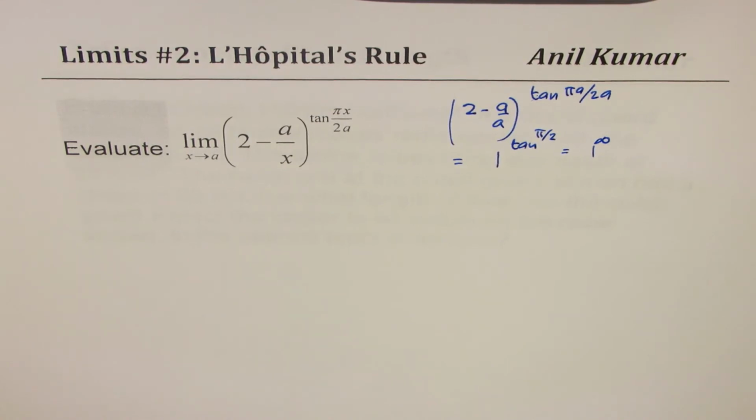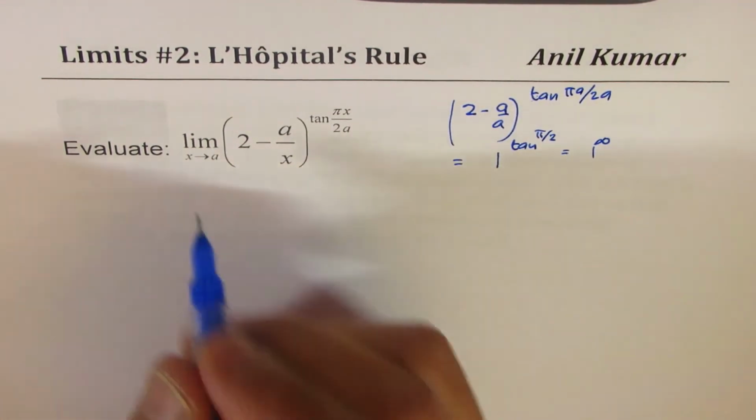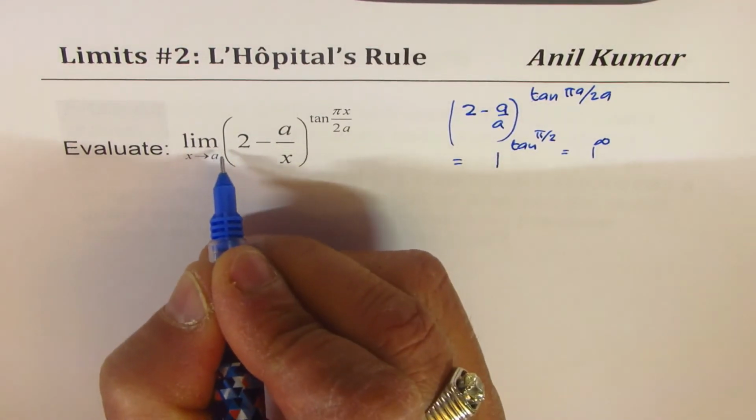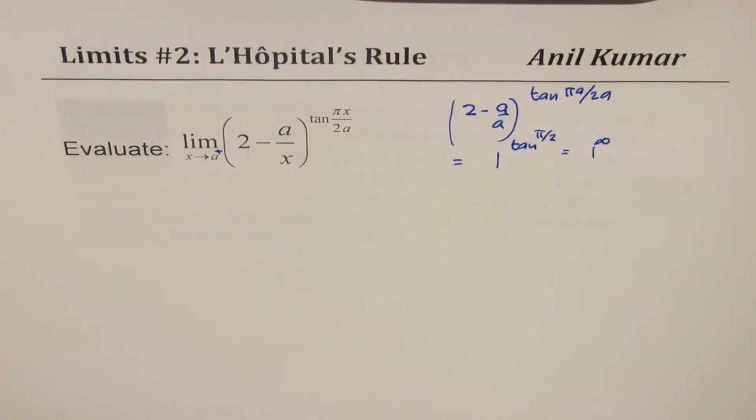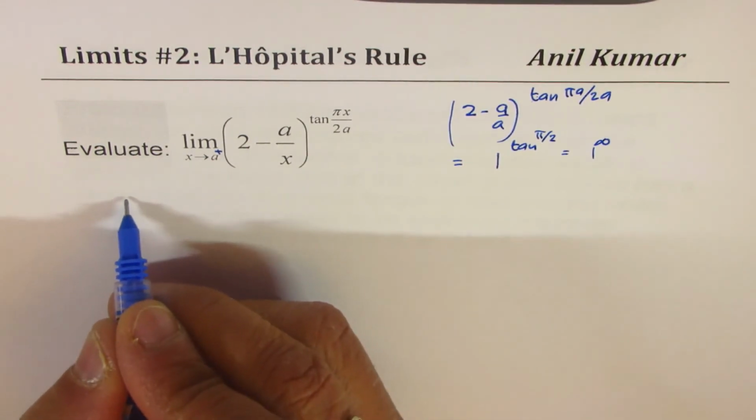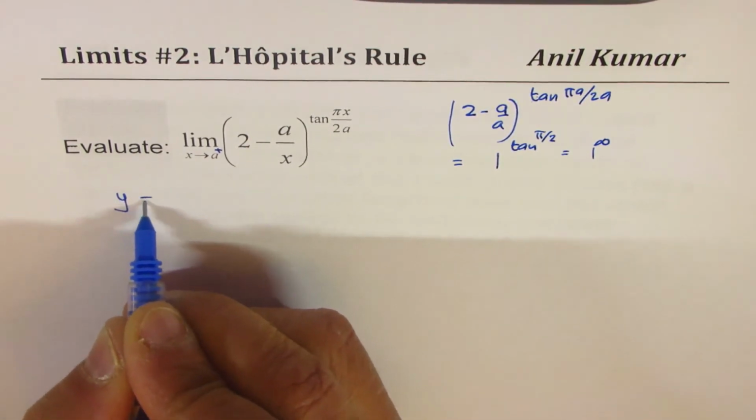So this is a case of indeterminate powers. So we'll actually be very specific. We will approach a from the right side, since we are using logarithms to solve these questions. Okay, so let's do the same method, which is writing this as a natural log.